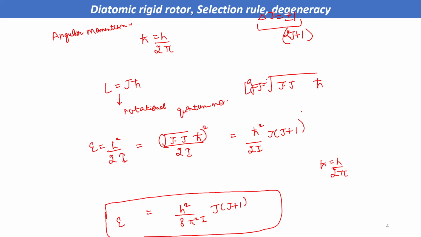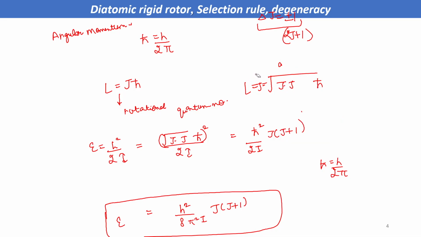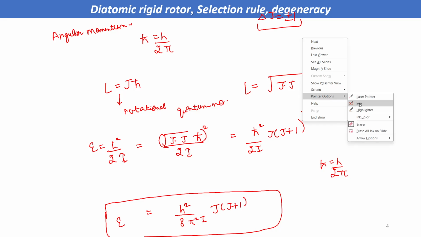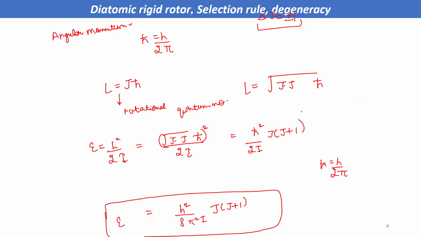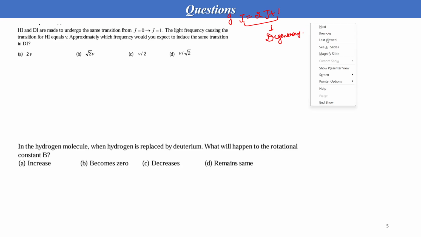That is g J equals 2J plus 1. This was the degeneracy. So now we will solve some questions.